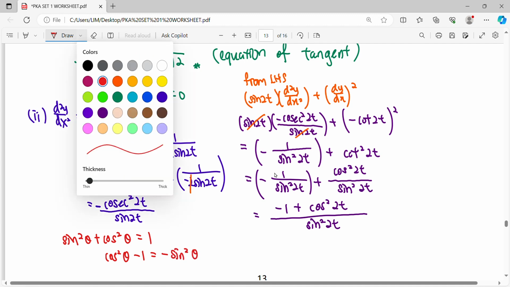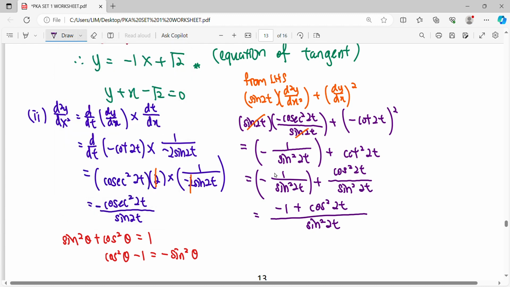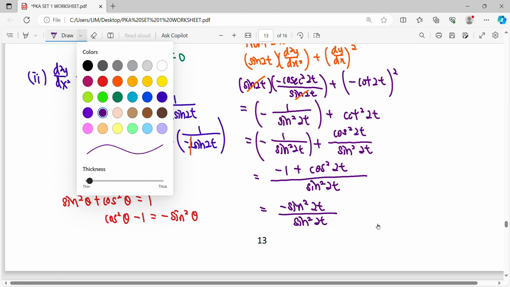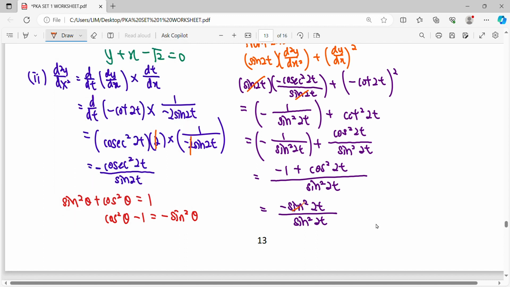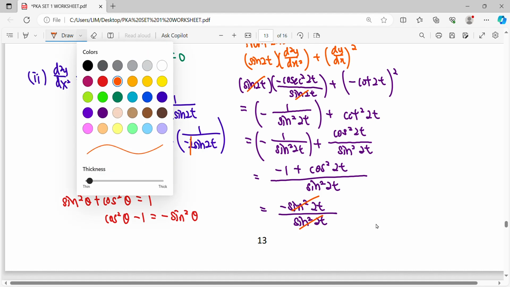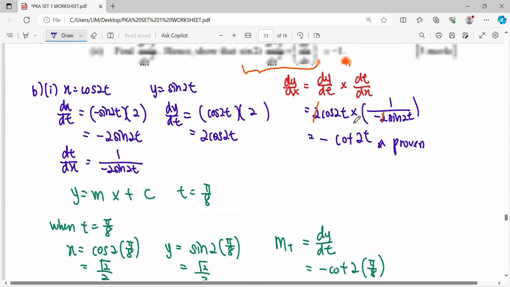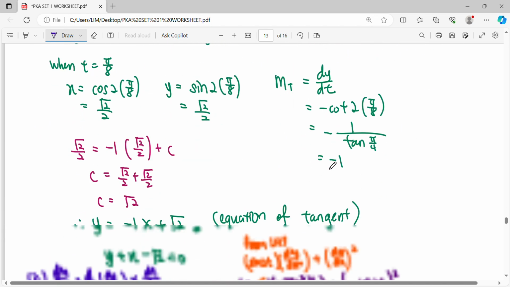So by using the identity formula, we can simplify this numerator. It will be negative sine square theta. The angle theta is 2t. And then what else can we analyze here? Sine square 2t over sine square 2t can also be cancelled out. Lastly, you just remain with a negative 1. So we managed to show it is getting negative 1.